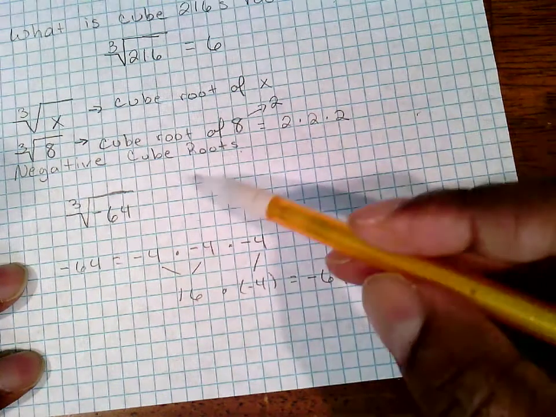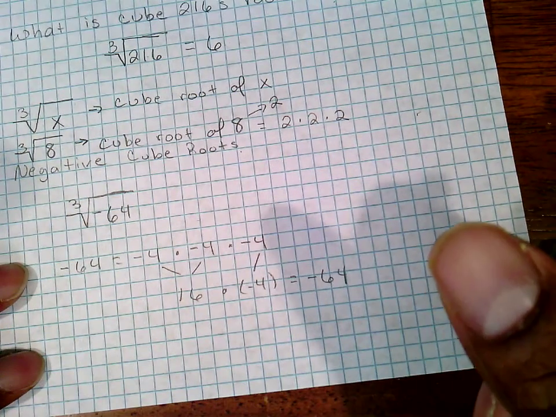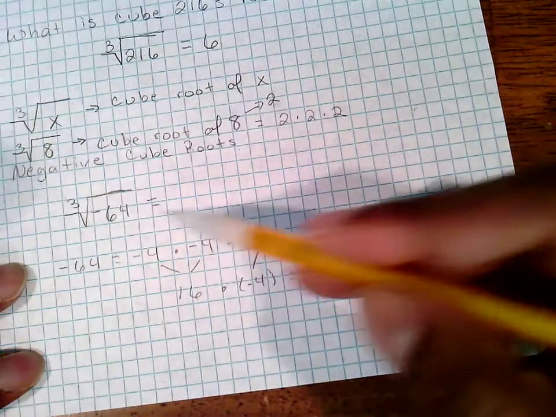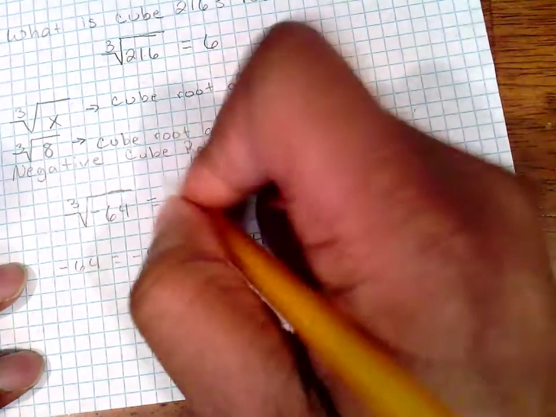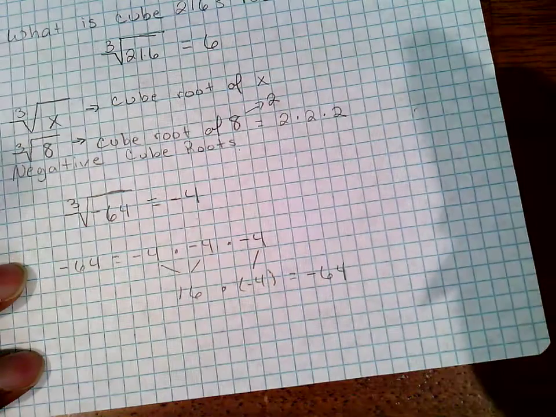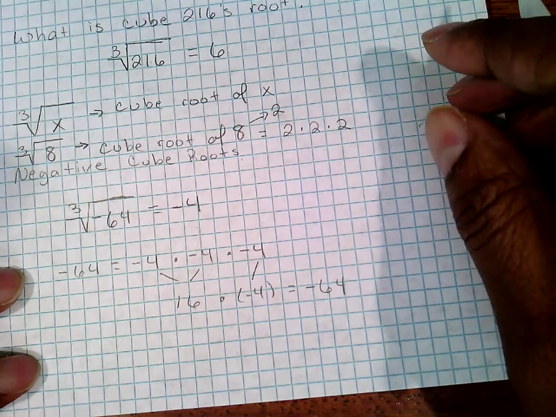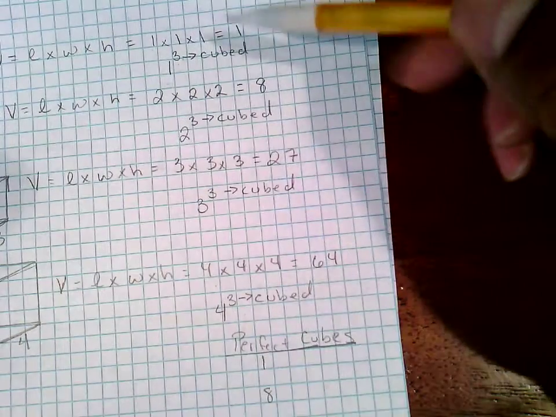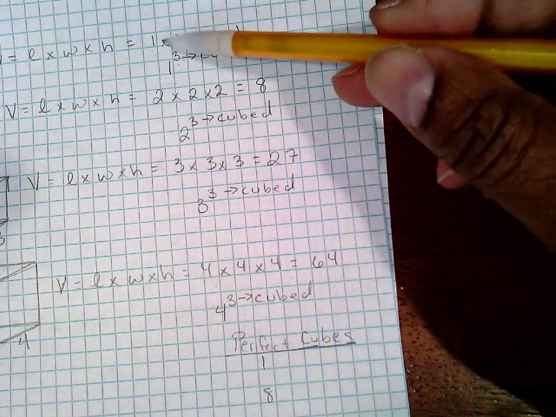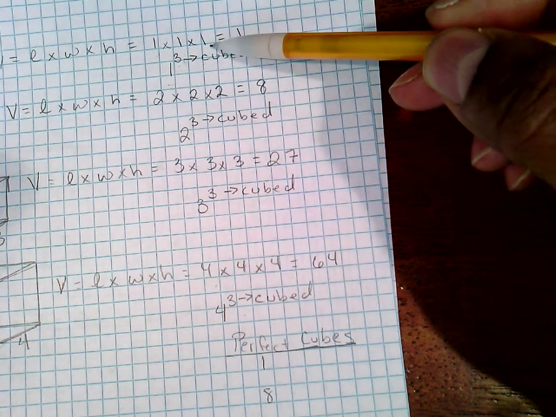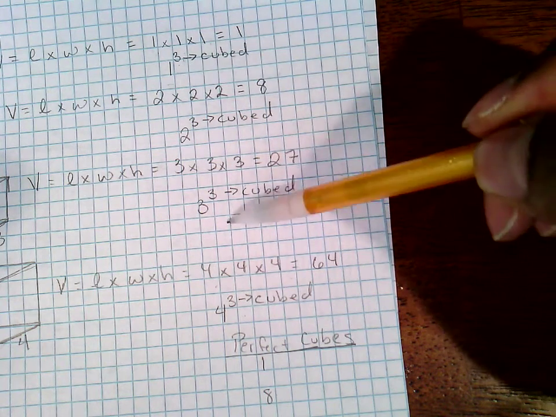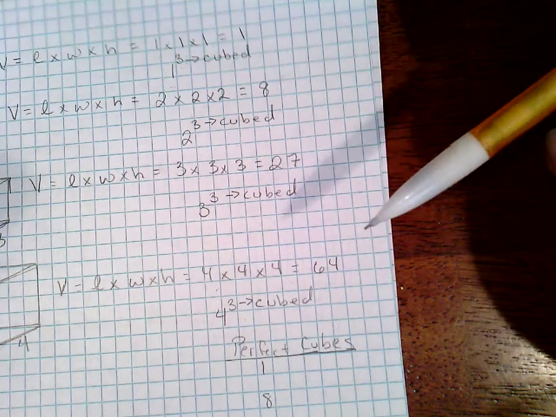So can we have a negative cube root? According to this, yes, we can. The cube root of negative 64 would be negative 4. So in short, to cube a number, two things we can do is multiply the number by itself 3 times, or simply raise that number to the third power, and we will have successfully cubed the number.